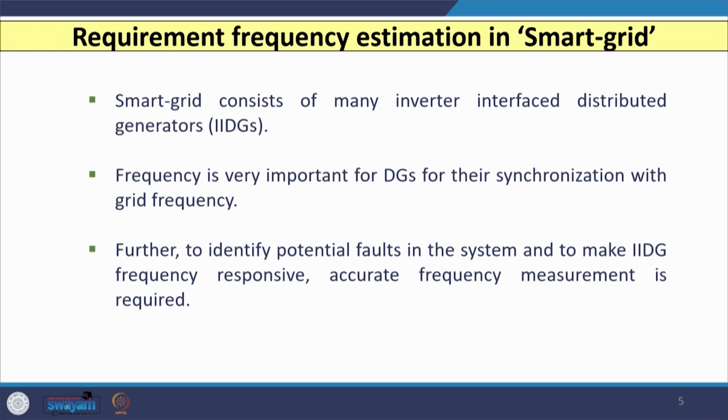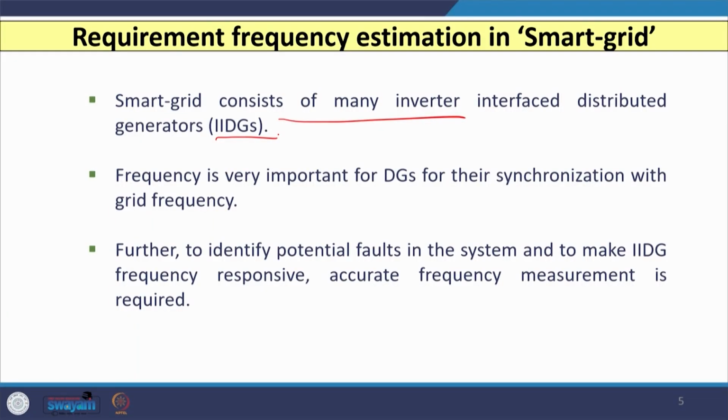Now, if we consider the importance of estimation of frequency in a smart grid condition, this smart grid consists of several inverter interface distributed generators. As I told you, we use solar PV as a distributed generator, or we may use wind as a distributed generator. So, in that case IIDGs are commonly used.